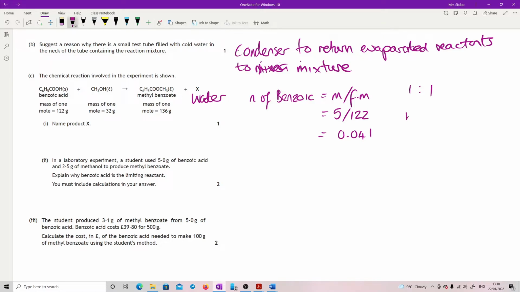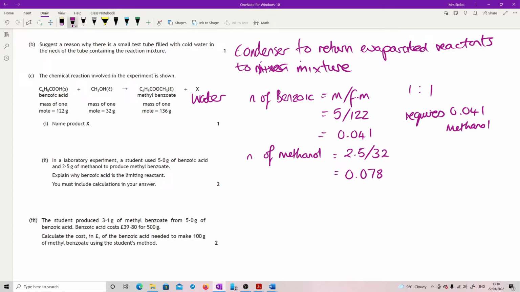So that means that requires 0.041 of methanol. Right, so let's then do our moles of methanol. We've got 2.5 grams, so 2.5 divided by 32, just moles is mass divided by formula mass again, gives me 0.078. 0.078 is definitely bigger than 0.04, so this is greater than 0.041.